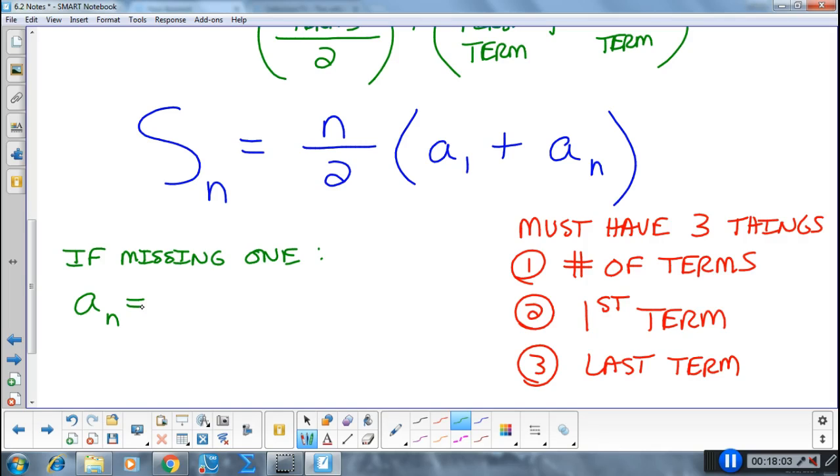A sub n equals A sub 1 plus D times n minus 1. Yeah, because we're not using recursive, we're using explicit. Yeah, that makes sense. Okay? And then we can use that to find whatever we're missing.